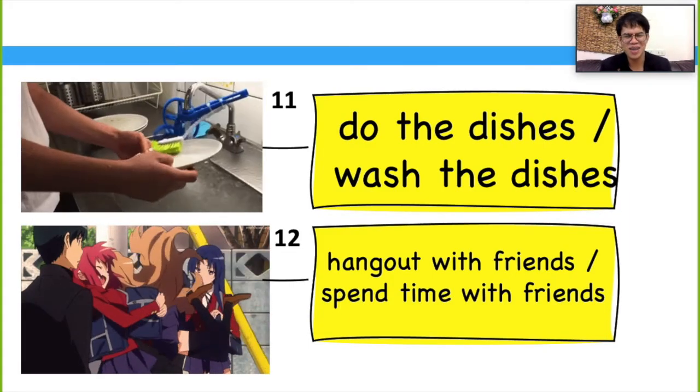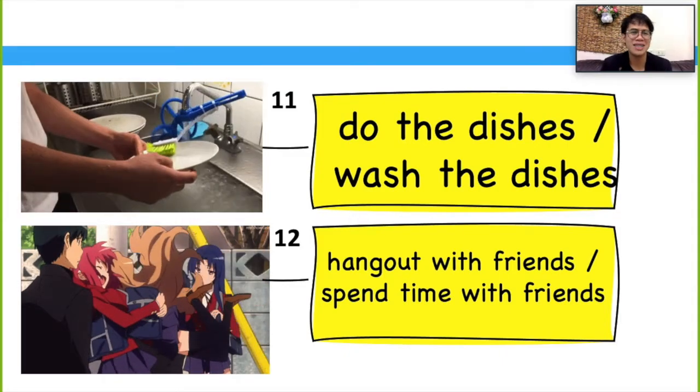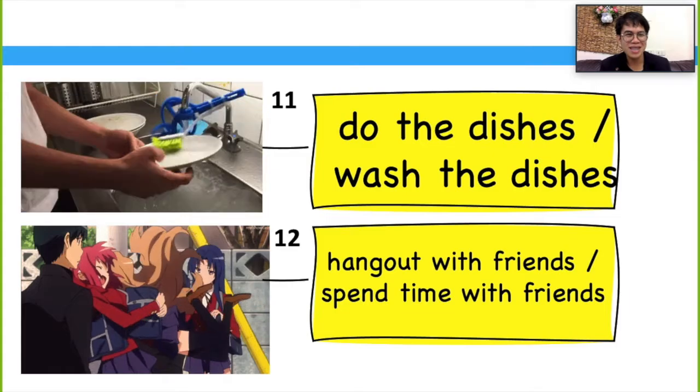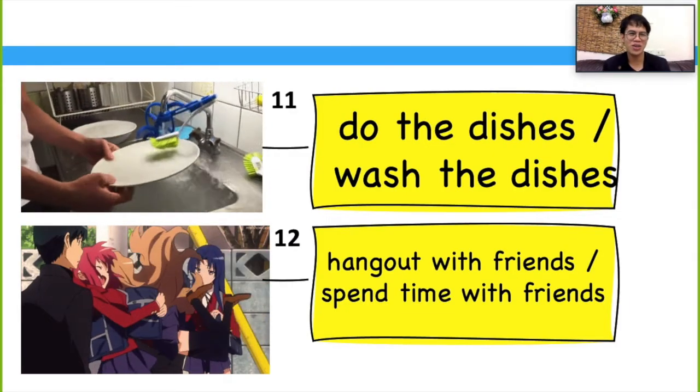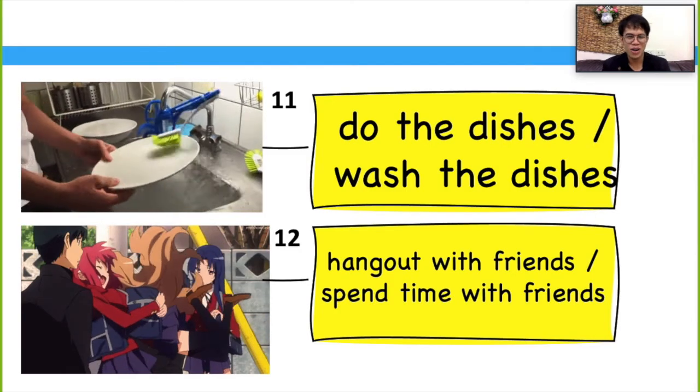So this time it's really difficult to spend time with friends. But if you miss your friends, you can always use your phone. You can call them or you can text them.